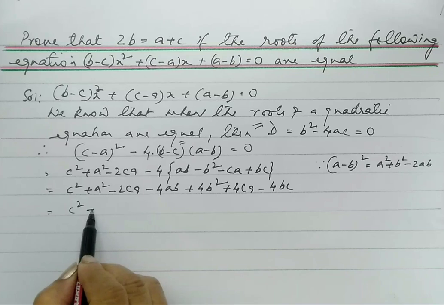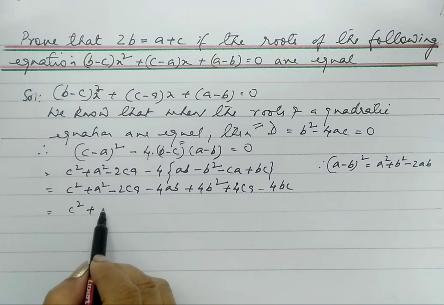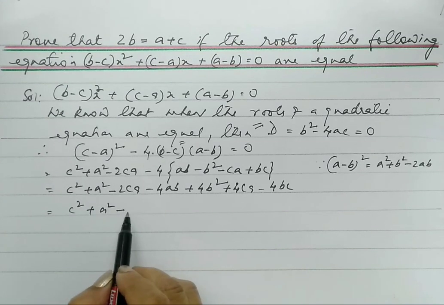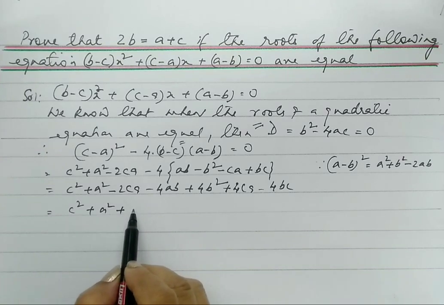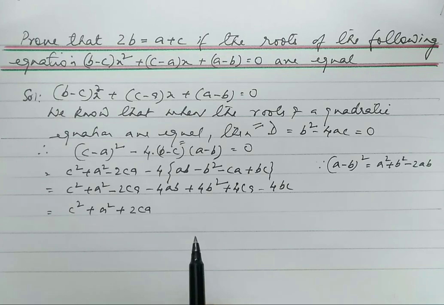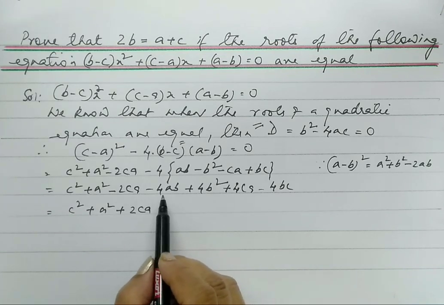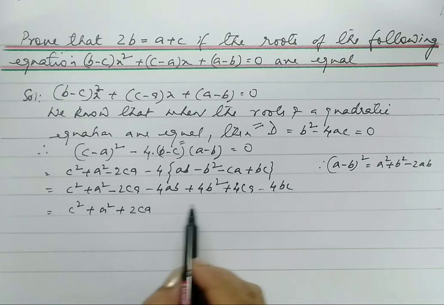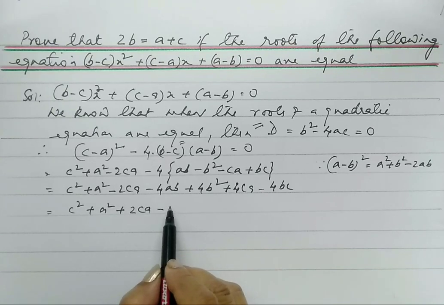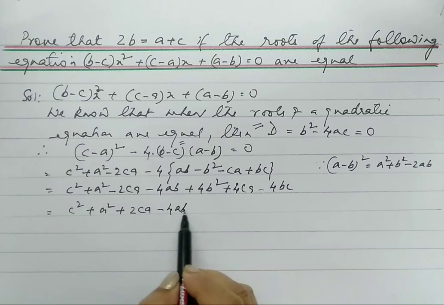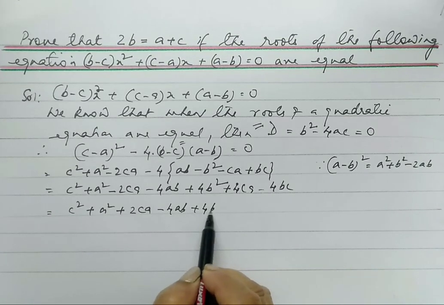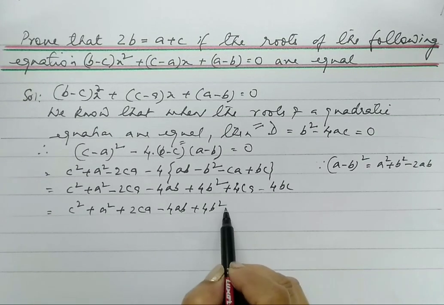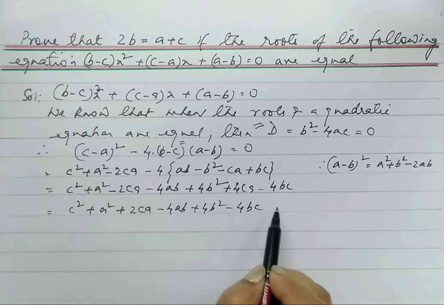So let us do that. c square plus a square plus, okay, what do we get? 2ca, isn't it? Now they don't change at all, so we can bring them down: minus 4ab plus 4b square and minus 4bc.